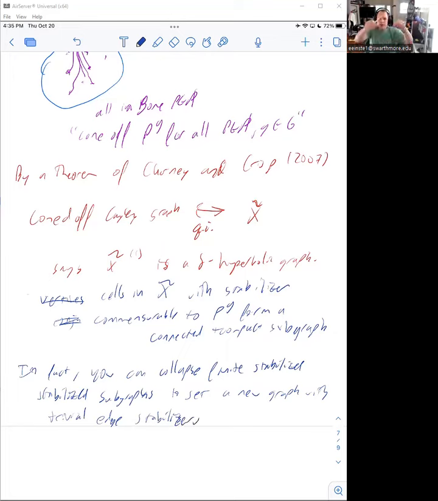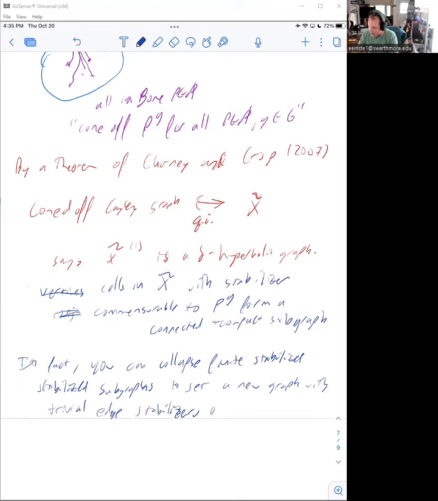So here are these vertices that are stabilized by P, and I just squash them to a single vertex, and then you're happy. Because now you have trivial edge stabilizers, and each P to the G is going to stabilize exactly one vertex.